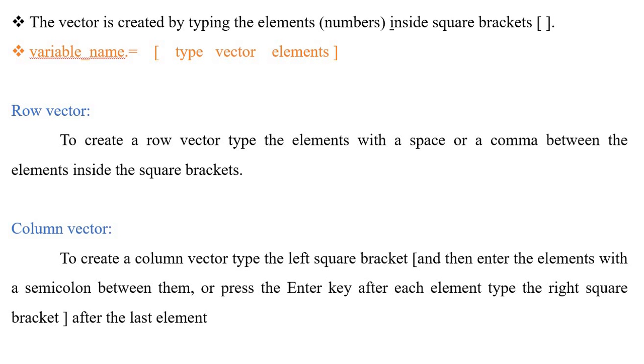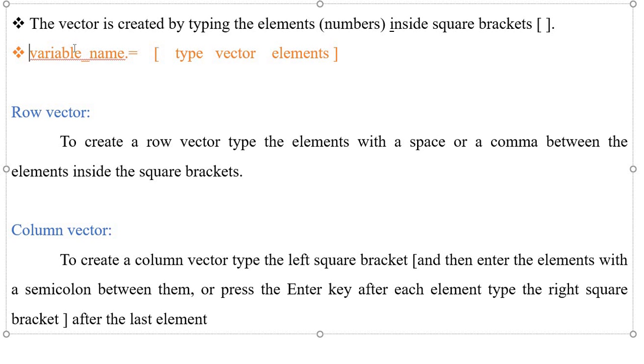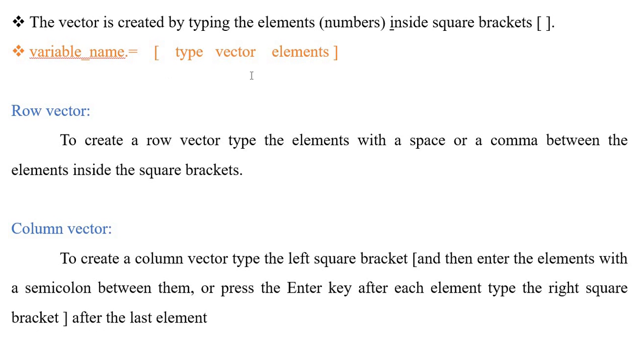So now we are going to see how to write a one-dimensional array in vector form. The vector is created by typing the elements, that is numbers, inside the square bracket. So that is the way you are going to type the one-dimensional array. How to write: variable name equal to, within the square brackets, type the vector elements.